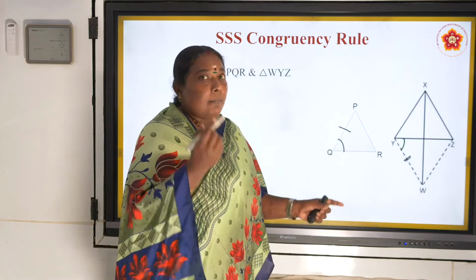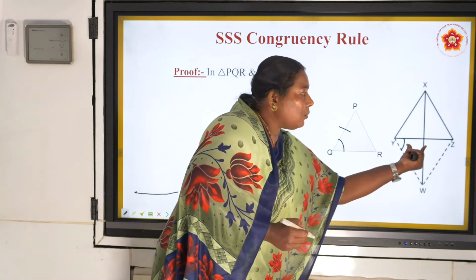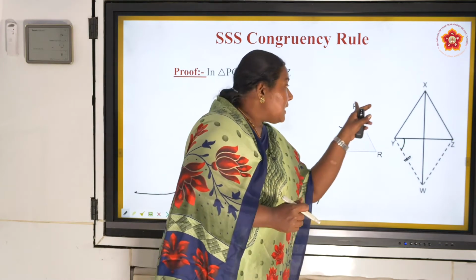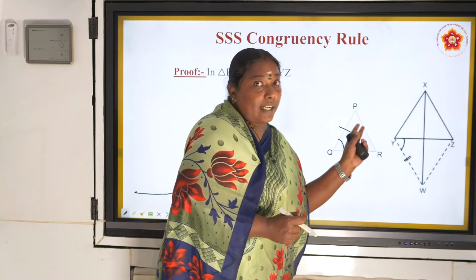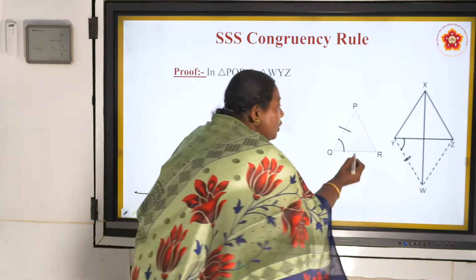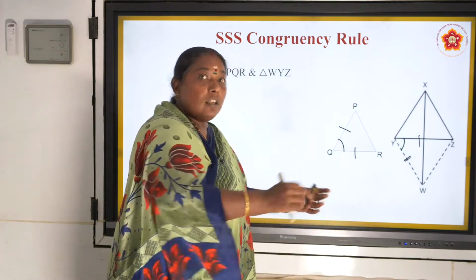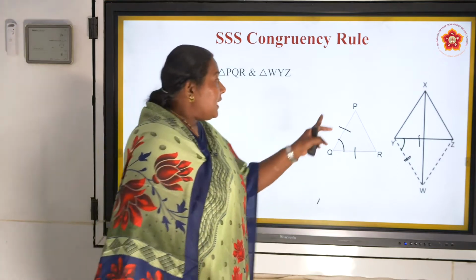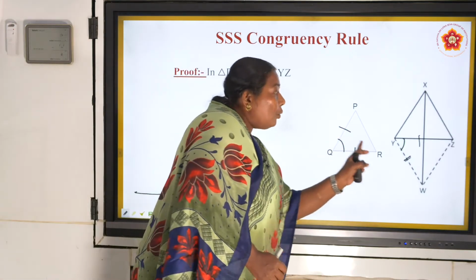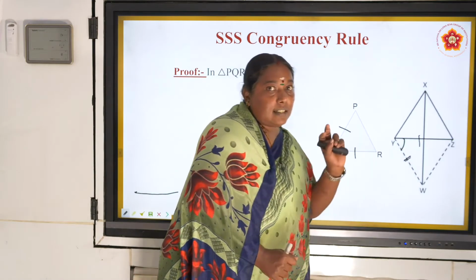So I need QR equal to YZ. Yes, it is given. Why? Because both the triangles have all corresponding sides equal. So QR is equal to YZ is already given. So on the basis of side-angle-side, I can tell that PQR is congruent to WYZ.